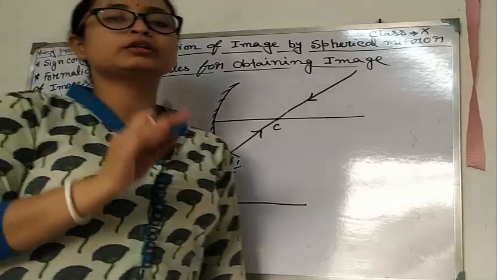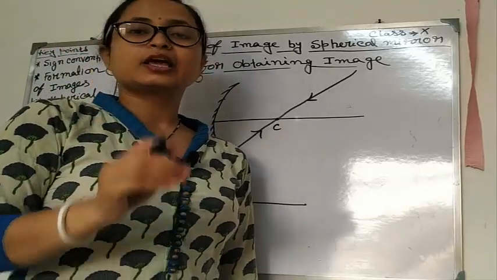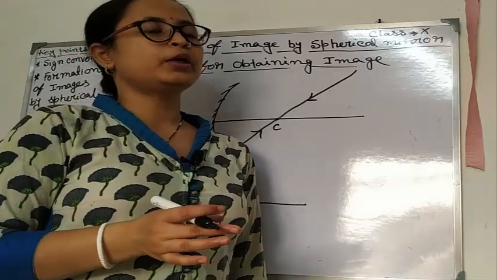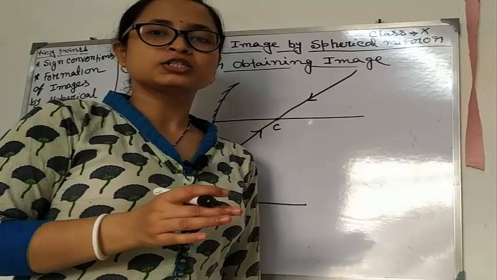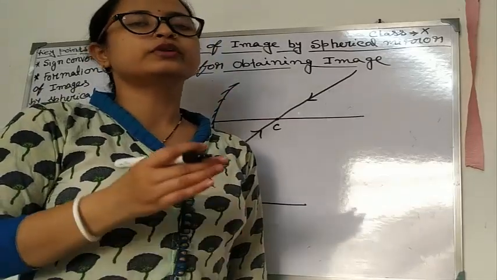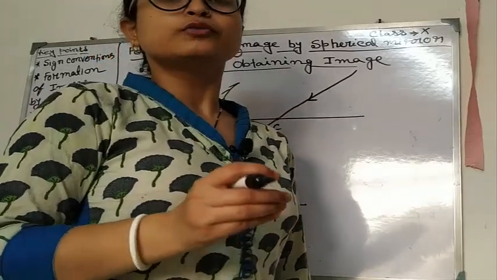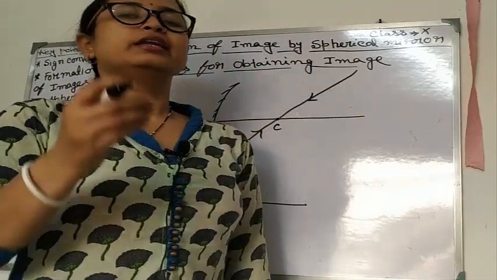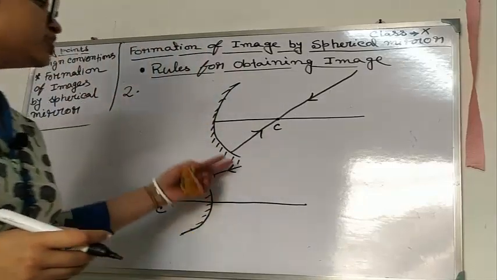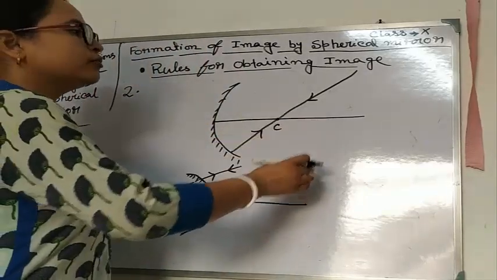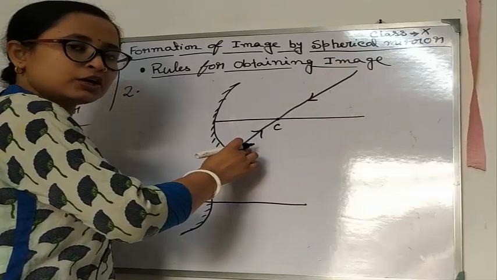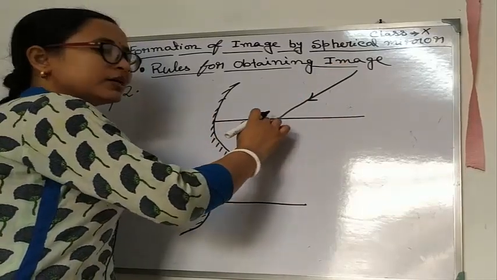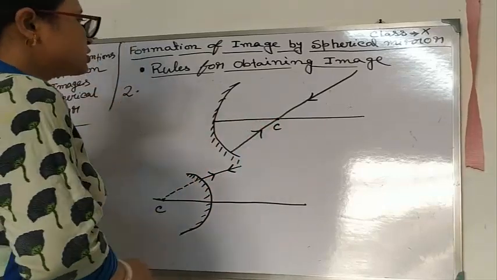In the first rule, if the incident ray is parallel to the principal axis, after getting reflected from the mirror, it will always pass or appear to pass through the principal focus. It passes through the focus in case of a concave mirror and appears to pass in case of a convex mirror. And in the second rule, whenever the light passes through the center of curvature, then after reflection it will follow the same path. Clear? So these are the two rules.